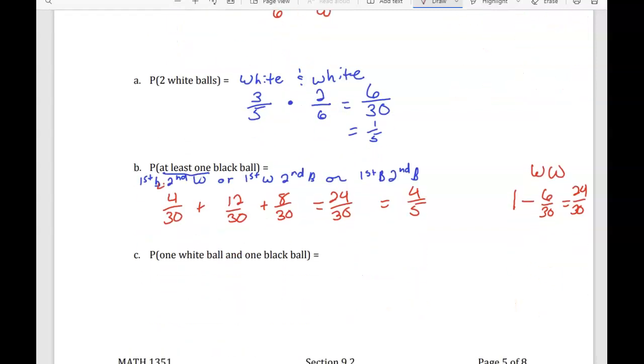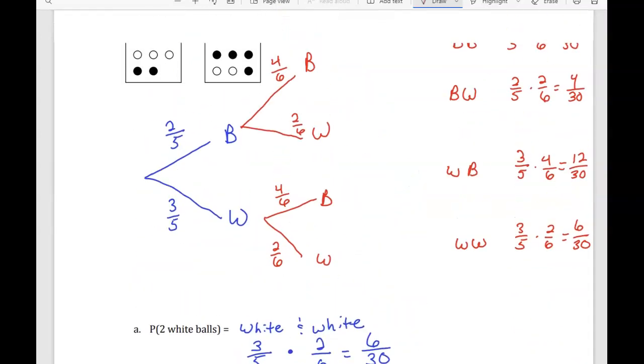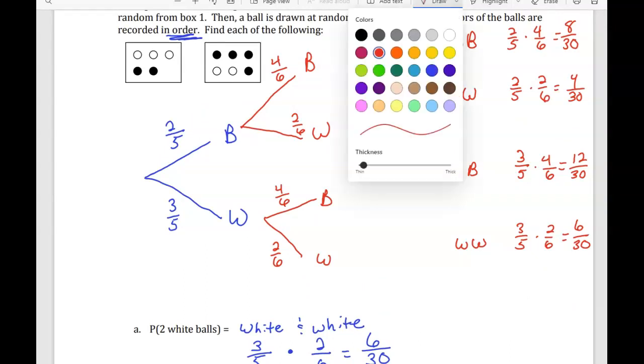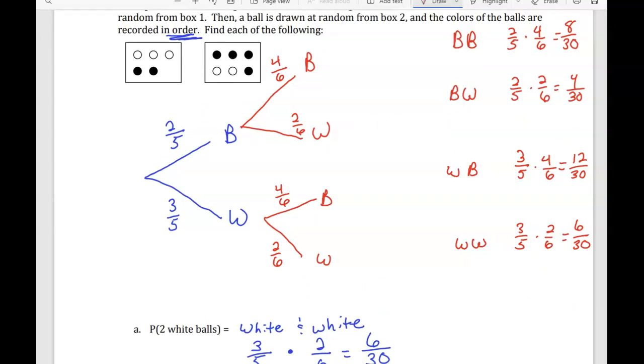Now, here we want 1 white and 1 black. So that means either of these two possibilities. Doesn't matter which one of these possibilities. It could be this one or it could be this one. So I'm going to add these two possibilities. So see, notice that the tree diagram helps us quite a bit.